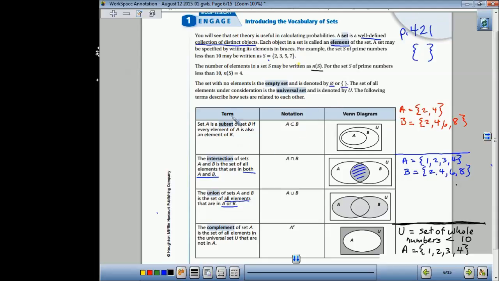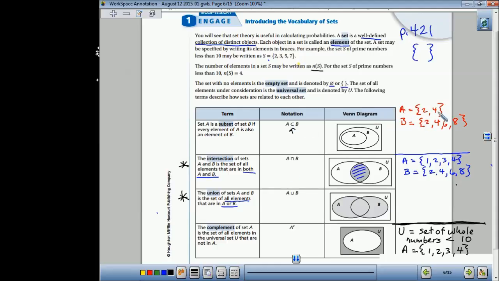So here we have some more definitions. These 2, you may be familiar with the words, and this year we're going to add the symbolism to it. The first one is subset. Set A is a subset of set B if every element of A is also an element of B. The symbol for subset is this kind of sideways U looking thing. Here's an example.